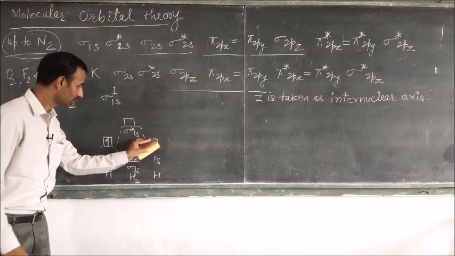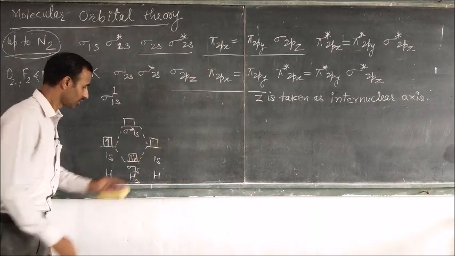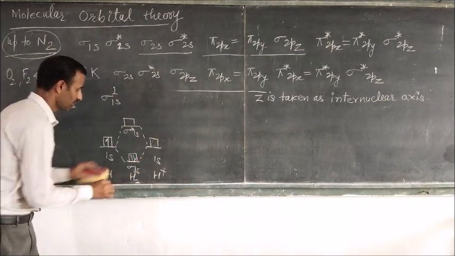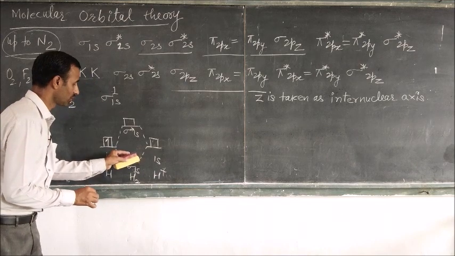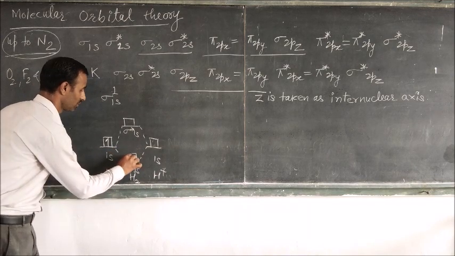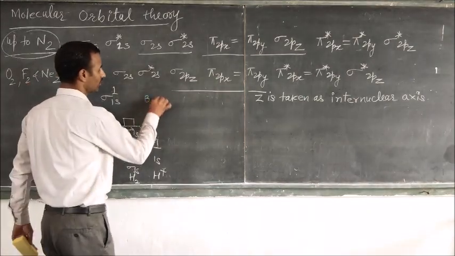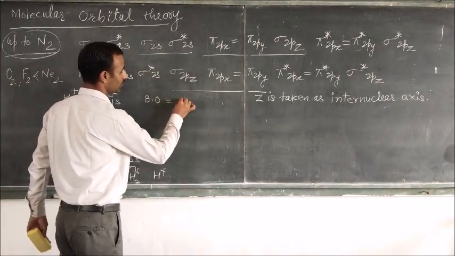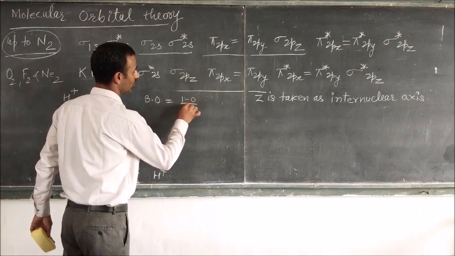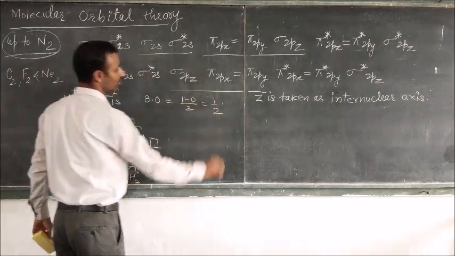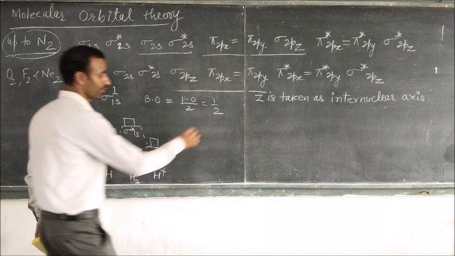So that is H and H plus. There is only one electron, sigma 1s1. So bond order is 1 minus 0 over 2. That means bond order is 0.5.